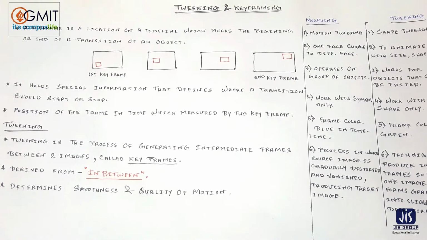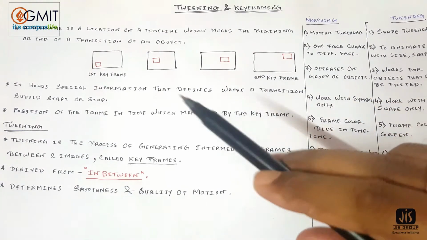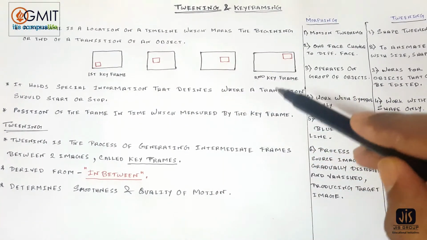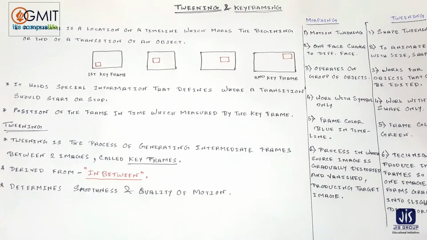Actually, keyframe holds the special information that defines where a transition should start or stop. The total path actually shows the transition or animation, but where it should start and where it should stop is decided by keyframe. Clear or not? Any question? Simply put, the beginning keyframe is where the object is right now, and ending keyframe is where you want to stop.